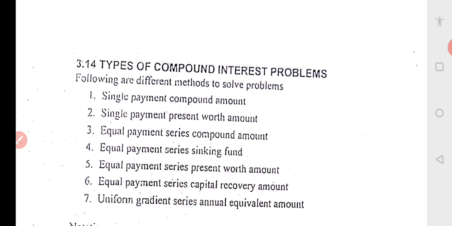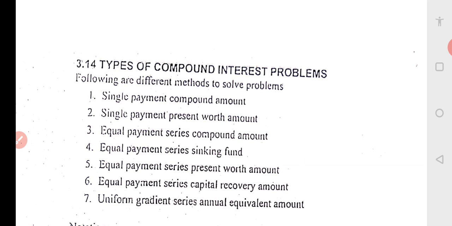The first year he wants to invest 15,000 rupees, and because his salary slightly increases every year, next year he is going to give an increment of 2,000 rupees. So the second year it will be 17,000, the third year it will be 19,000, and so on for the 8 years at an interest rate of 18%. Find the total amount at the end of the 8th year. So this is the simple problem.